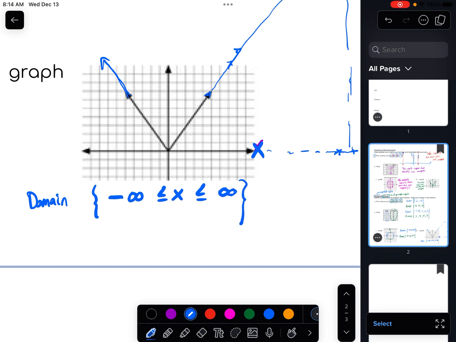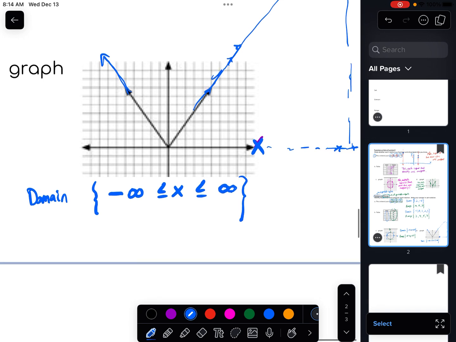So there will always be an x value that you can match up with a y value for this particular graph. If you could make an infinitely sized absolute value graph, you would eventually get to that possible input, and it corresponds with a possible output, in other words, a range value.